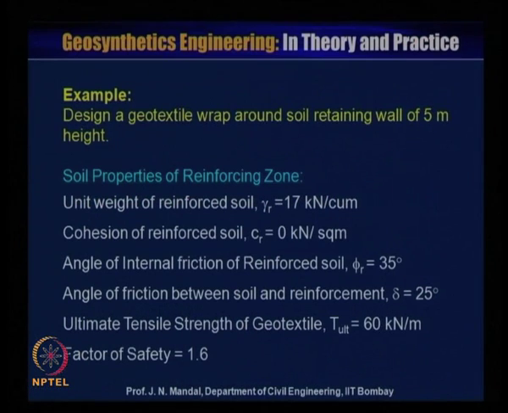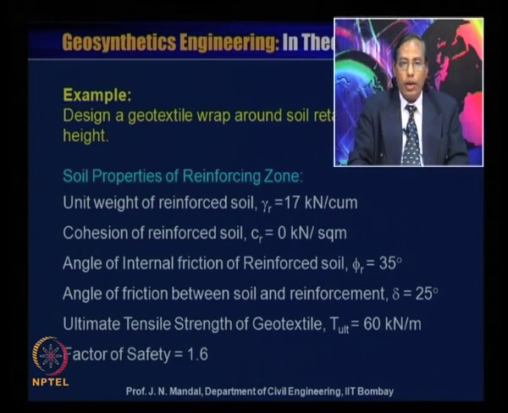Now, design of a geotextile wrap around soil retaining wall of 5 meter height. This is one example, and we are given the soil properties of the reinforcing zone: unit weight of reinforced soil gamma R is 17 kilonewton per meter cube.